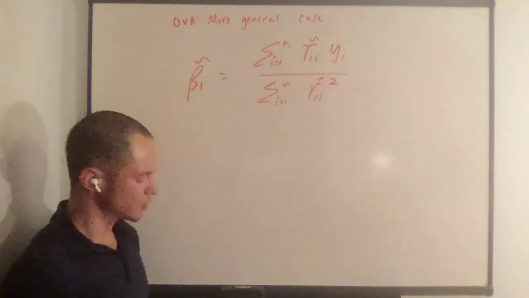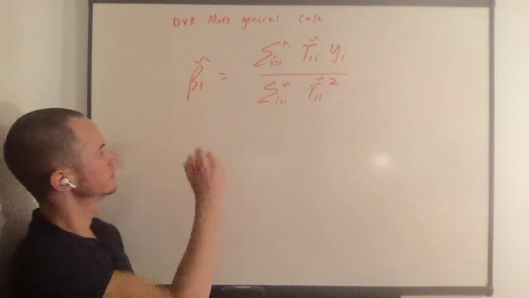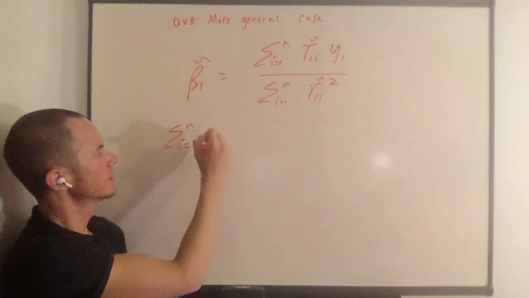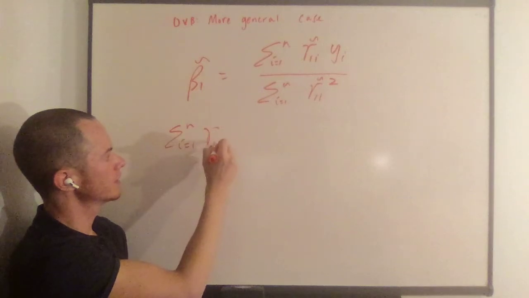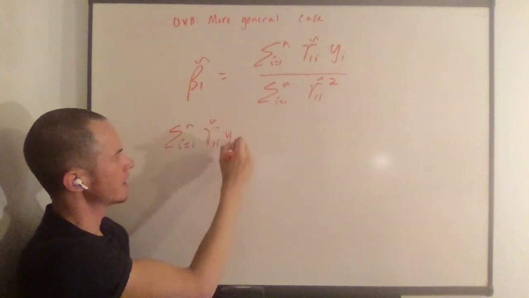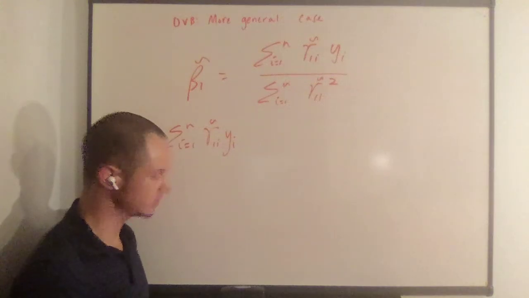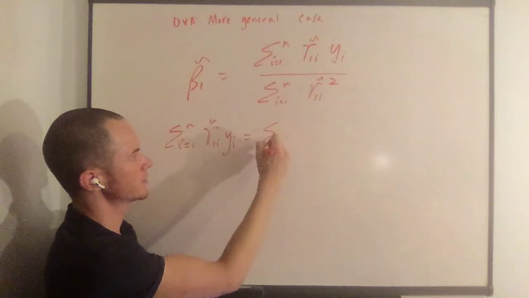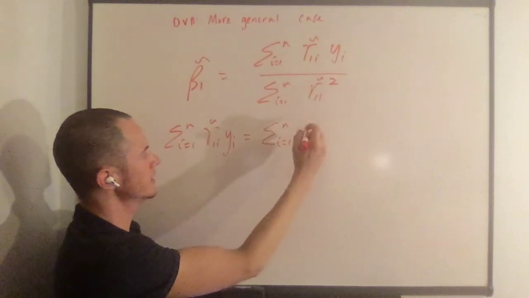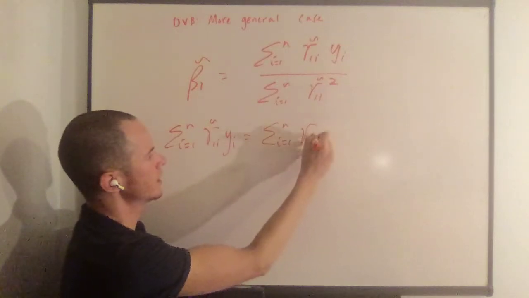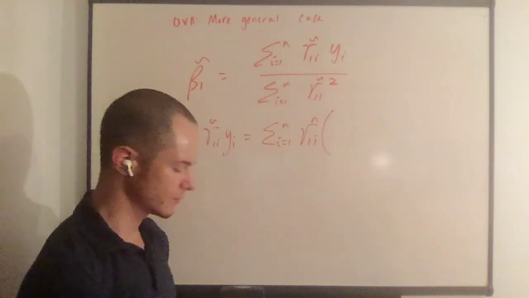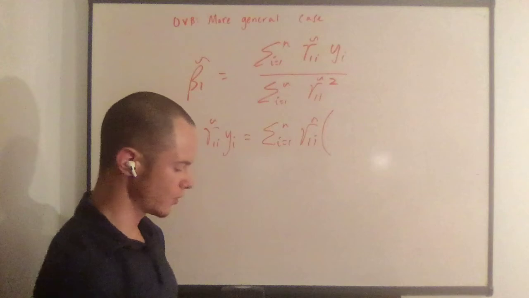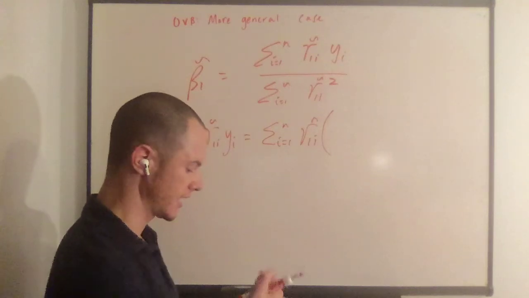Now we can rewrite this numerator as the following. We have the sum from i equals 1 to n of r1i tilde yi, and what I want to do is plug in the regression equation for yi, so that's equal to the sum from i equals 1 to n of r1i tilde, and in parentheses we plug in the equation for yi, where we have xk in that equation.